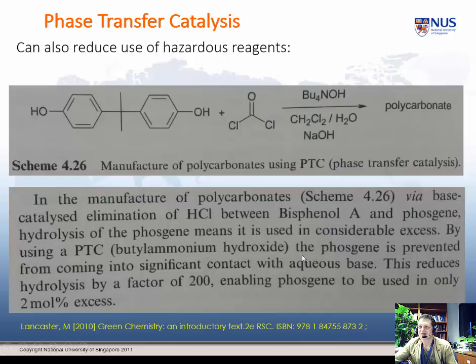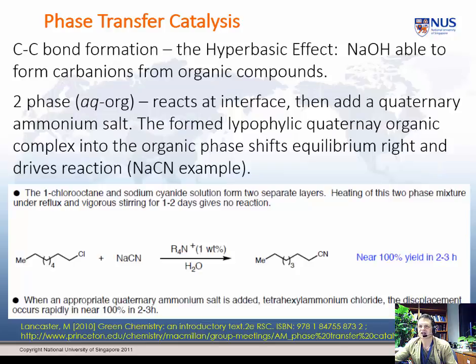This is actually an explanation of the previous mechanistic slide, equation slide. Effectively, you've got bisphenol A and phosgene. Phosgene is not something you really want hanging around everywhere, but actually it's in the organic phase, so it doesn't really come into contact with the aqueous phase, so actually makes it a very safe reaction, much safer than you might otherwise think, and it reduces the use of hazardous reagents.